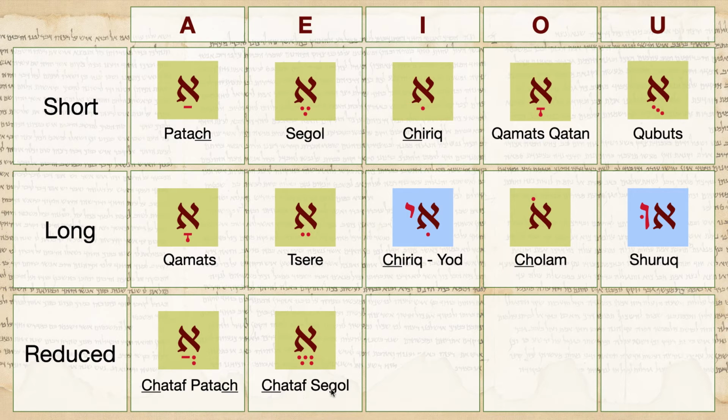Now you could do the same thing for the segol and put 2 dots extra. This is called khataf segol. Is eh sound, very short, reduced eh sound. And you could do this with o sound as well. This is khataf kamatz. So again, it's like you take the kamatz and put in those 2 dots.